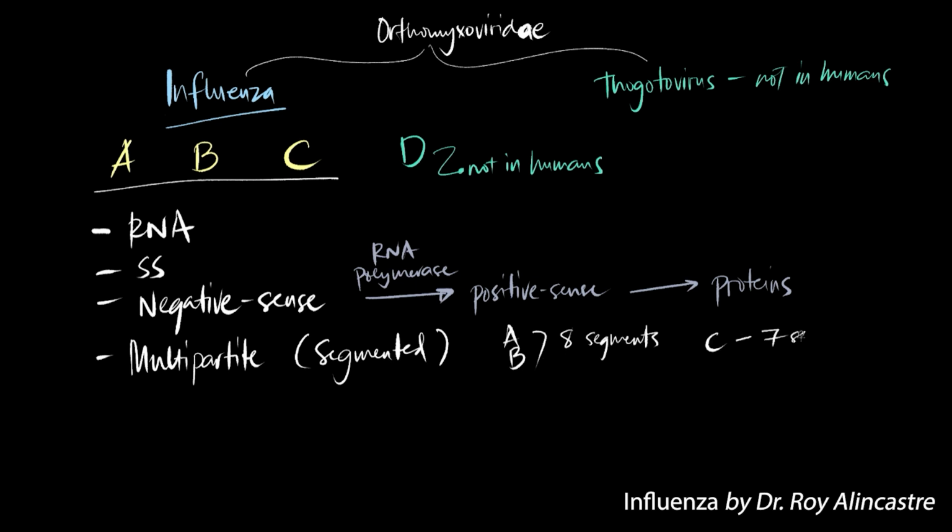Later on, we will see what gene is lacking in type C. Each segment has an assigned protein to code for and different functions. If you look at the table in your book, you will see the different segments and the proteins they code for. There are 9 types of structural proteins in each viral particle.